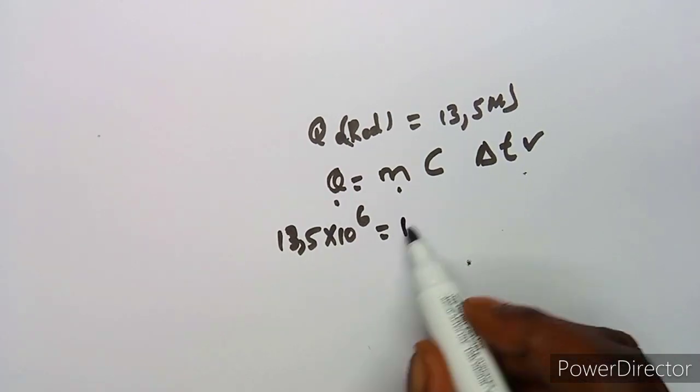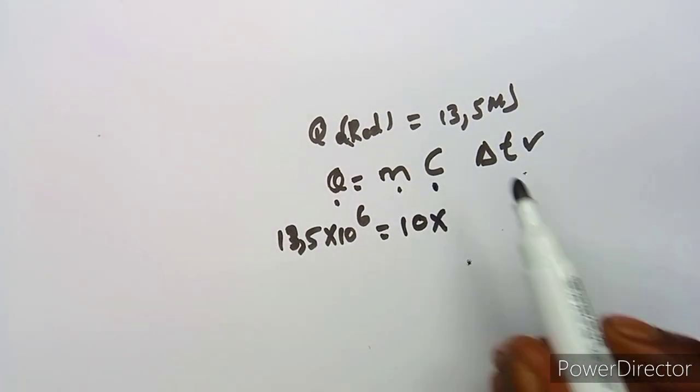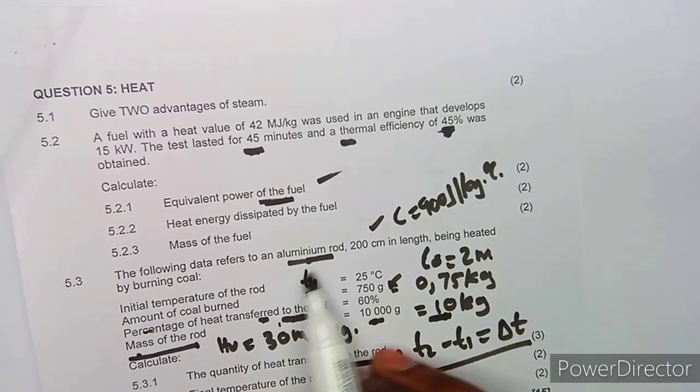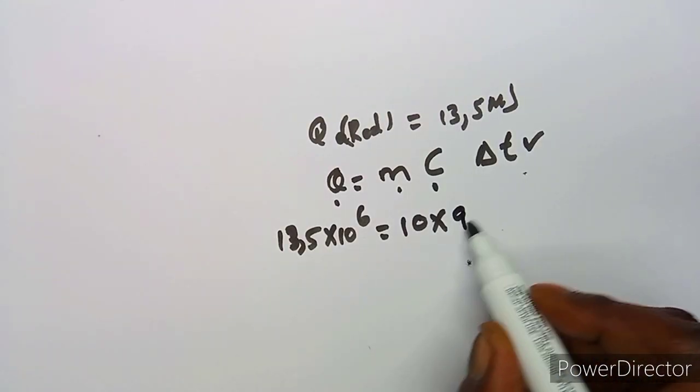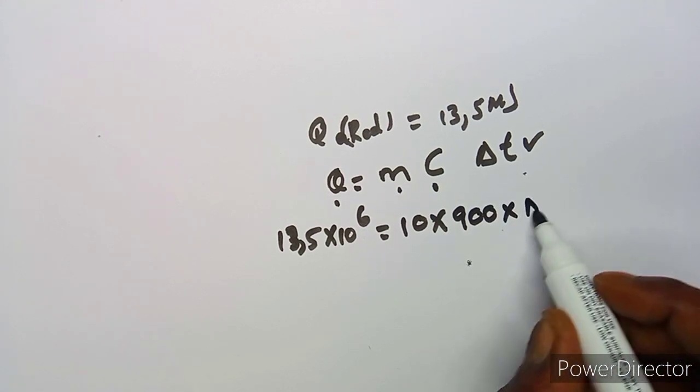So it's going to be 10 times the specific heat capacity of this aluminium rod, which is 900 joules, times the change in temperature.